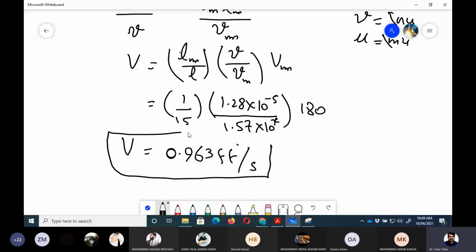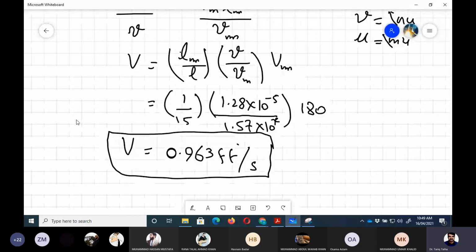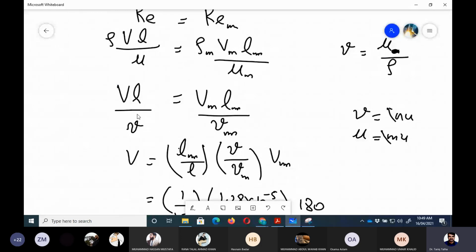So now you can easily see that for the actual submarine, the velocity is quite less, but because we scale it down by 15, and then we are also changing the fluid in which we are conducting the test.